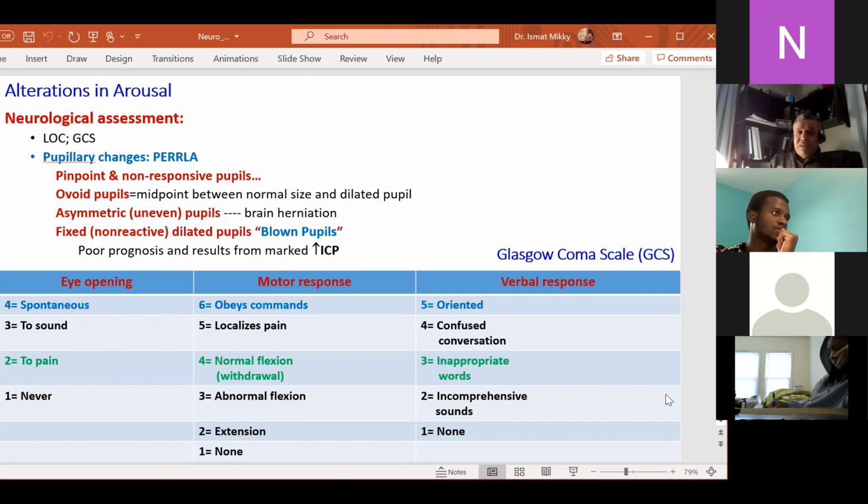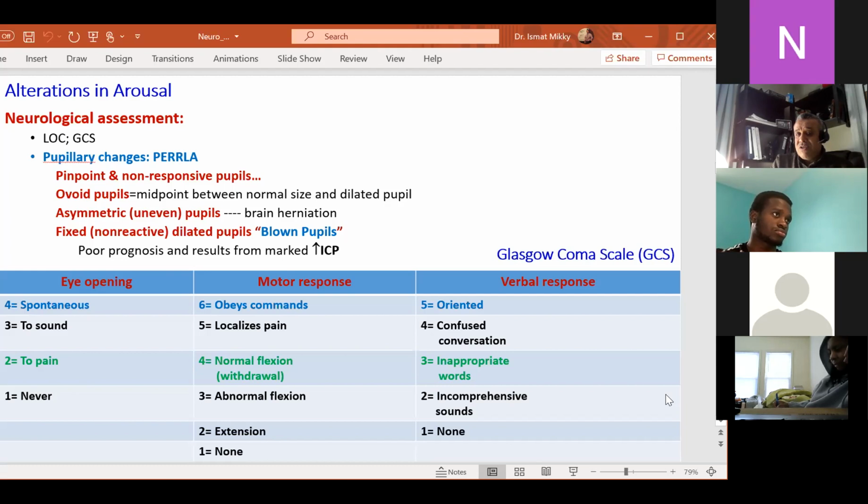Now, in the ICU and neurological floors or units, you're definitely going to use the Glasgow Coma Scale because that gives you more information about the patient's neurological system. The scale includes three criteria: eye-opening, motor response, and verbal response.